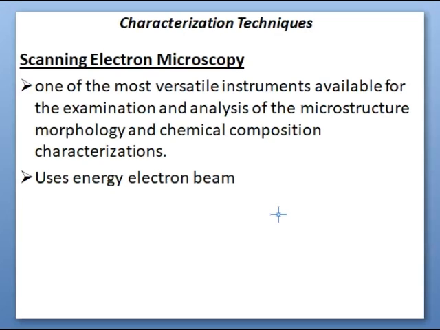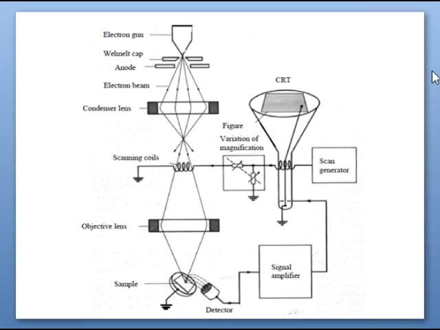So it uses basically an electron beam, which is referred to as the primary electron. Here I can see a setup of scanning electron microscopy. Here we have an electron gun, basically a combination of anode as well as cathode. This anode is supplied with a high amount of power in the form of volts, which creates an energy barrier between anode as well as cathode, generating the electrons.